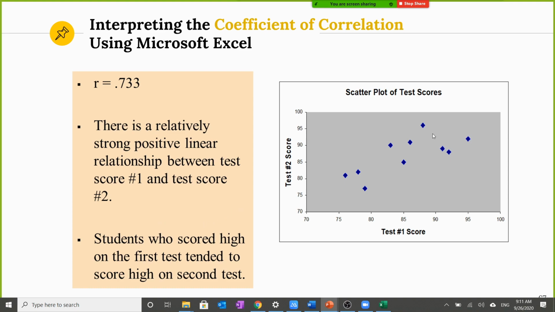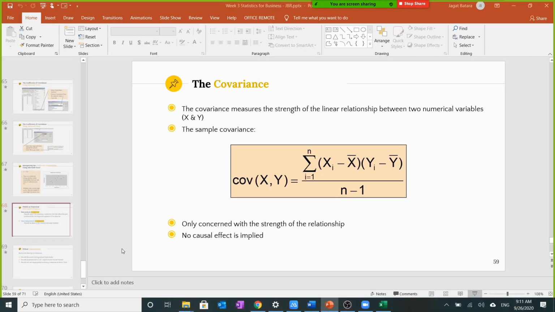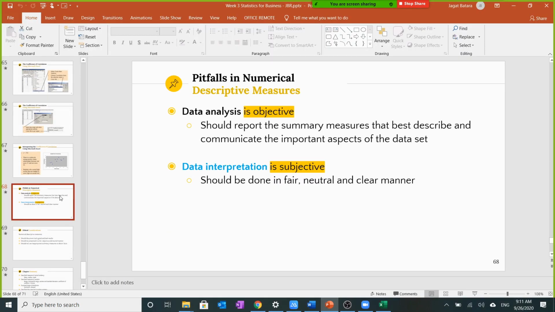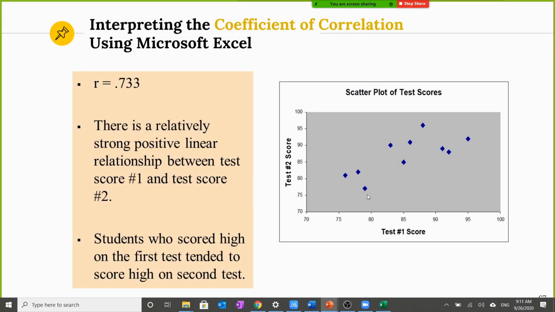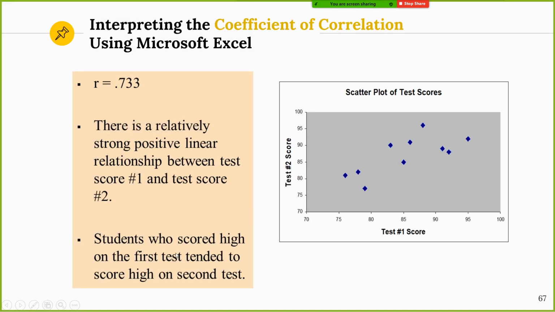You can see in this data, if we create a line here, yes, you can see the line here. You can see the data is quite spread from the line. So that's why we get this number.